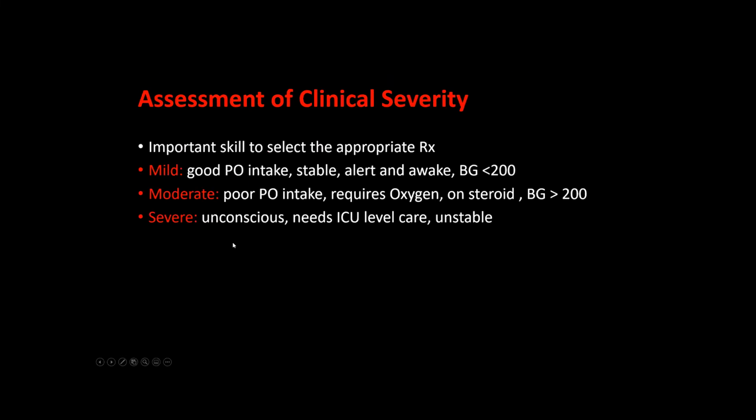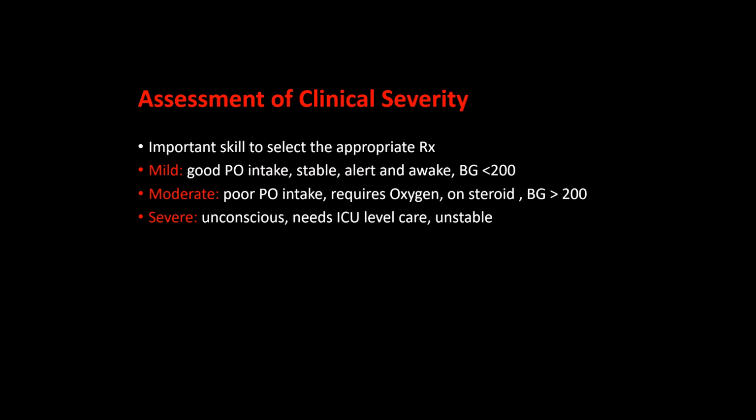It is also very important to assess the clinical severity. You have to know if the patient is mild, moderate, or severe. Again, these are very arbitrary classifications. Mild is if the patient is eating orally very well, is stable, alert, awake, and the blood sugar is slightly uncontrolled.